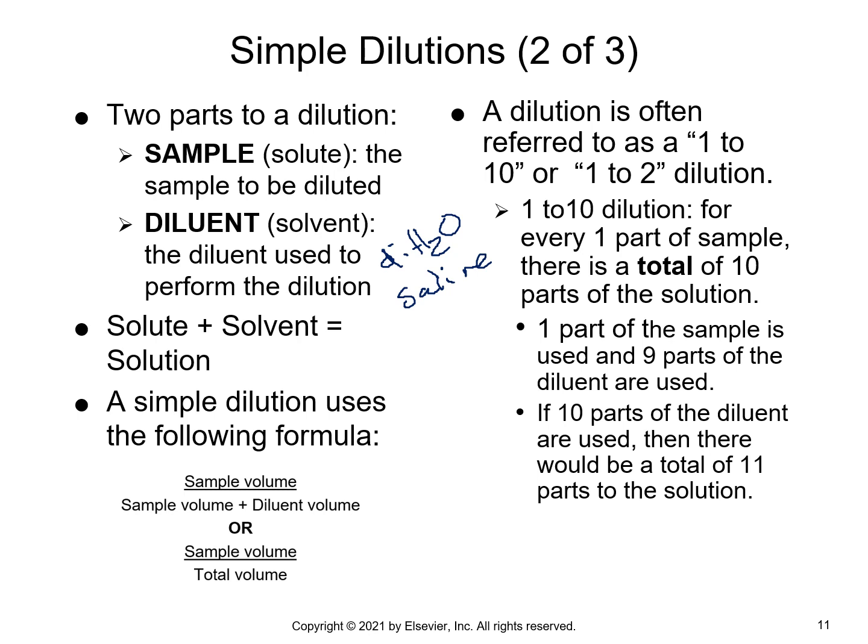When we do dilutions, there is a formula for it, and that formula is sample volume over the total volume, which includes the sample plus the diluent, so you need to make sure that you remember that. And when we talk about a dilution, as I mentioned earlier, it's often referred to as a 1 to 2 or 1 to 10 dilution. When we mention it like that, you would think of it being written out like this, when in fact it is actually written as a fraction.